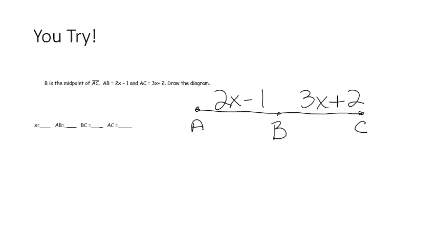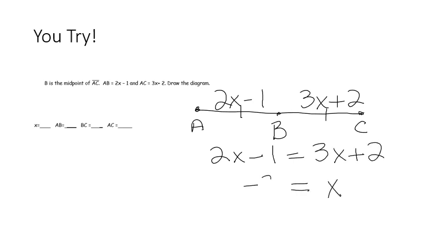So since B is the midpoint, these two pieces are identical, so we can set them equal. And we'll get X is -3. But in order to figure out what AB is, we have to plug that in, which will be -7.